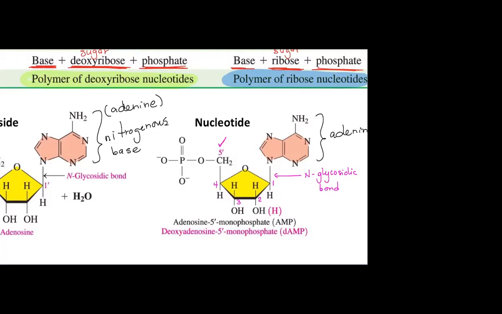And ATP, a molecule that I keep mentioning, which is utilized to make the polymers of nucleic acids and is also utilized for energy in the cell, is this same structure but instead of 1 phosphate, it has 3 phosphates. That's where the T comes from in ATP. It is adenosine 5' triphosphate. That's what ATP is.